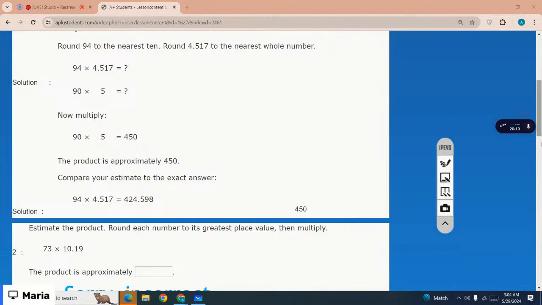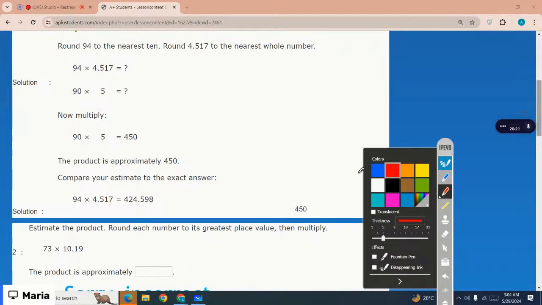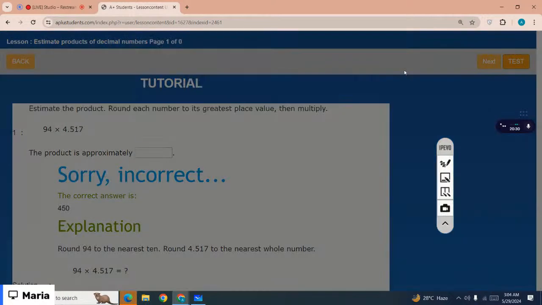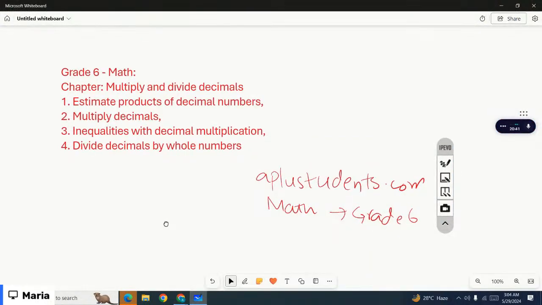Okay, let's just start with the test questions. Estimate the product, round each number to its greatest place value, then multiply. You have to do 78 times 10.5.